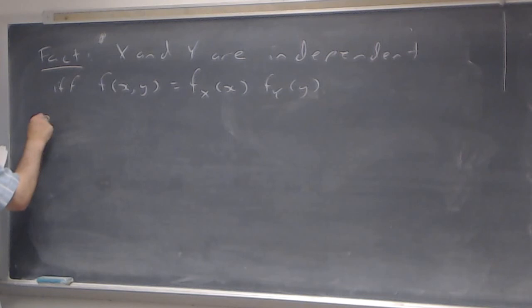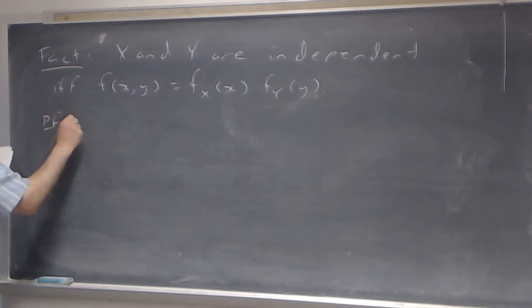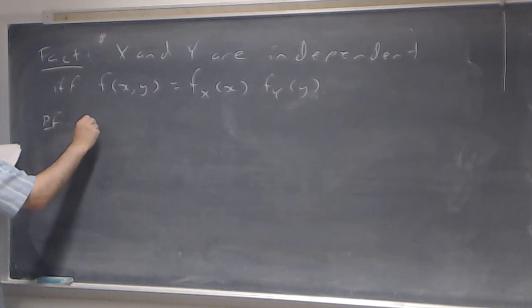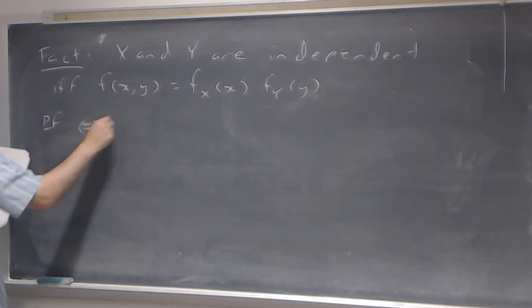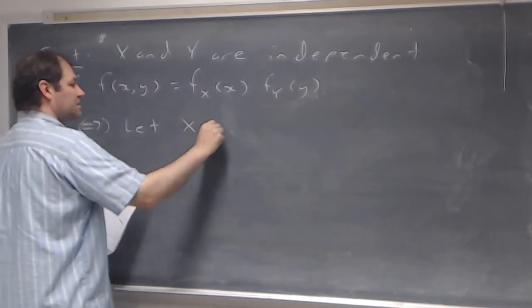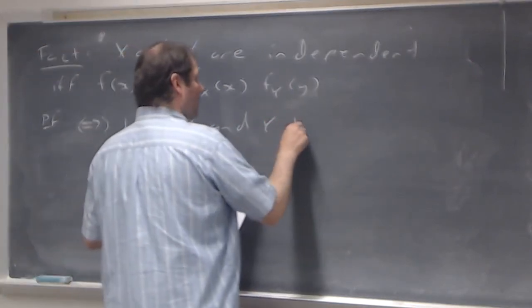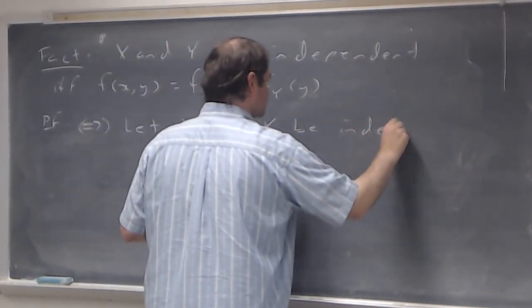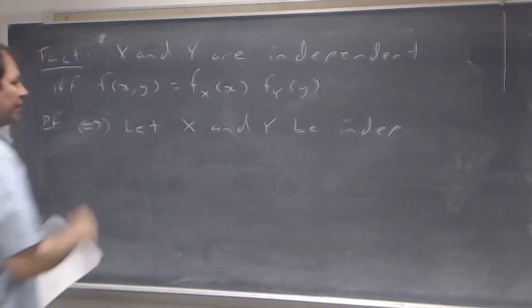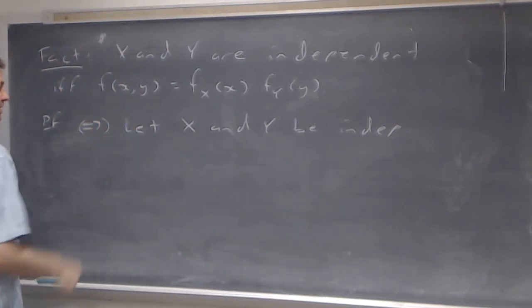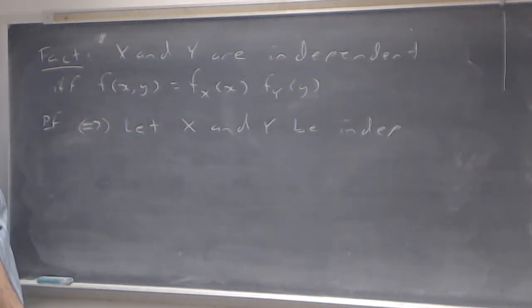So it's an if and only if statement. So we're going to have two directions. So here we're going to let x and y be independent. We want to show that this relationship between the PDFs or PMFs happens.